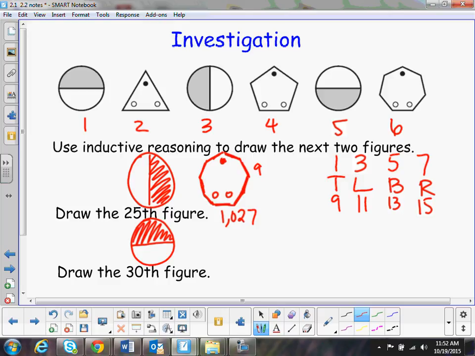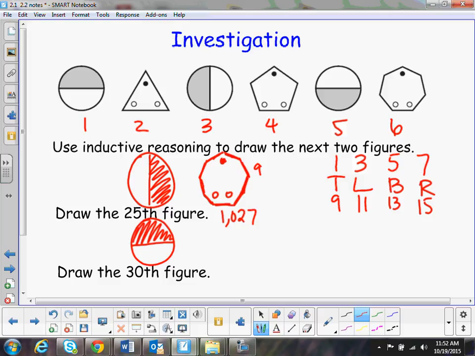In every 4, we have 4 different pictures, but they're all odd numbers. How many odd numbers are always in a full set? In any set. Half, thank you. In any set that continues, it's always going to be half, because half are even and half are odd.